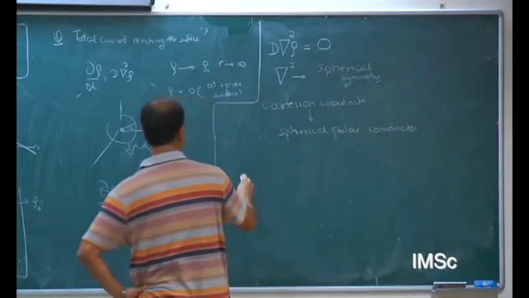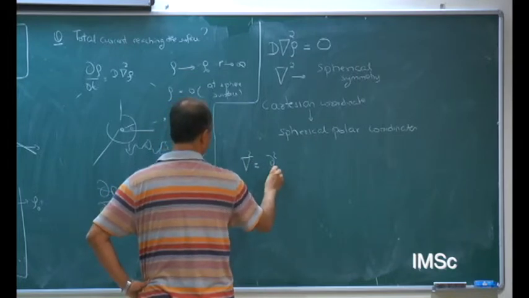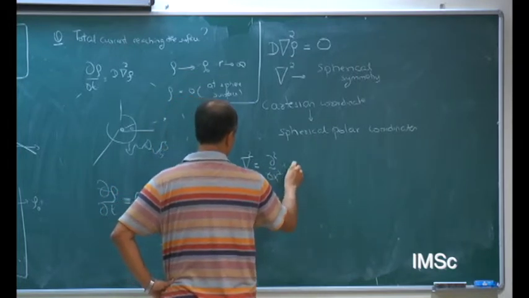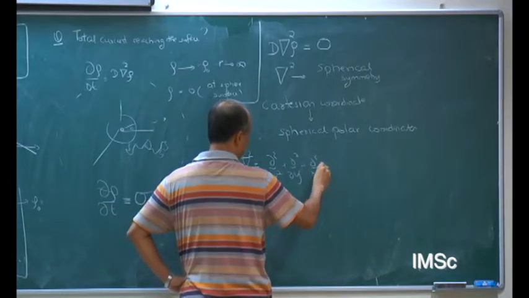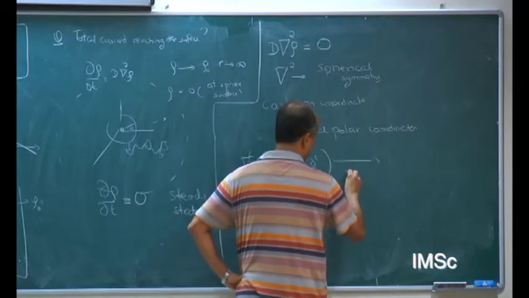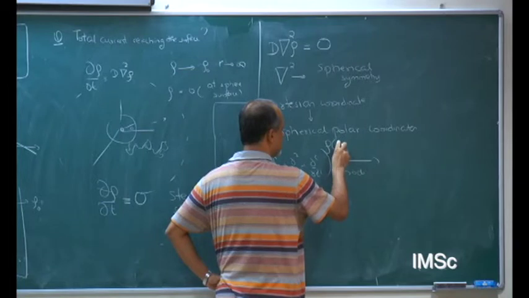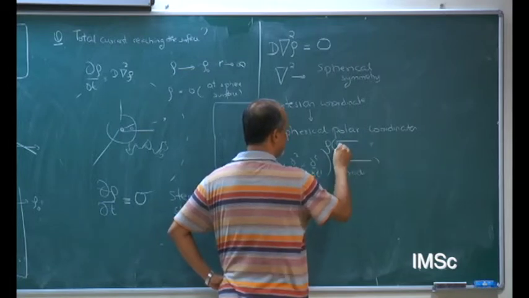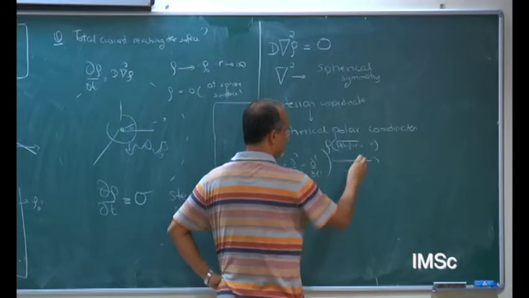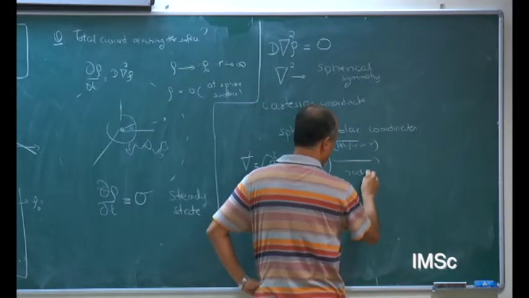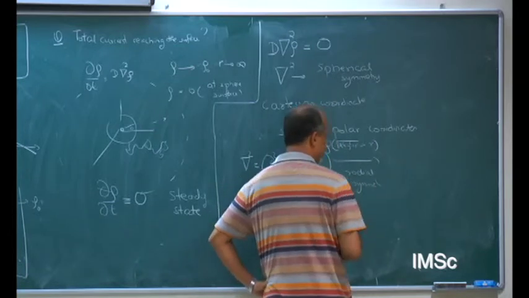Which means that this quantity ∇², which is ∂²/∂x² plus ∂²/∂y² plus ∂²/∂z², if I assume that any function this is operating on is only a function of the radius r, which is the square root of x² plus y² plus z², then assuming radial symmetry, this operator becomes something very simple.